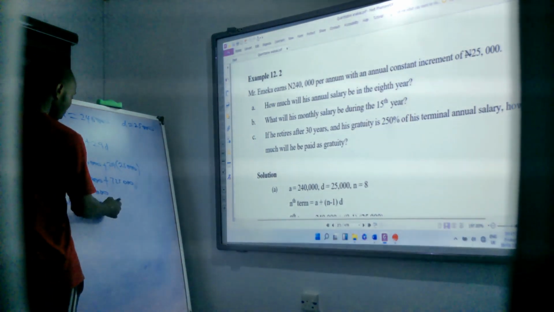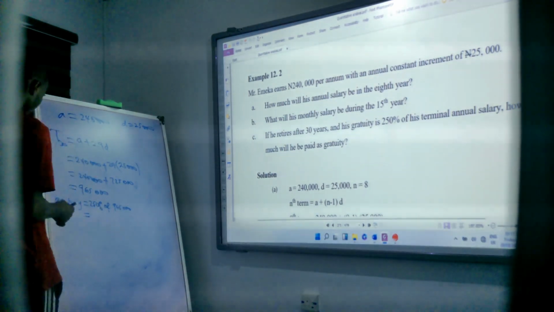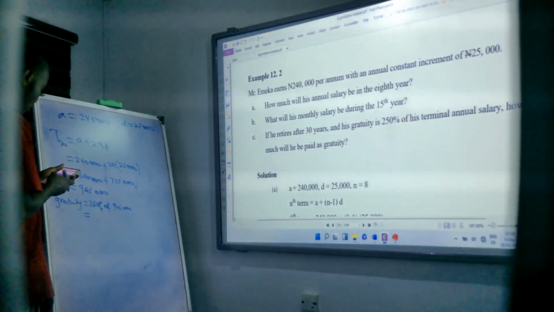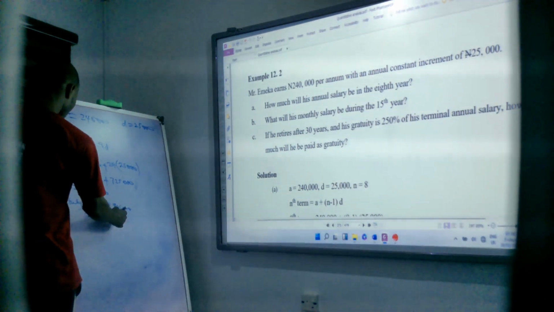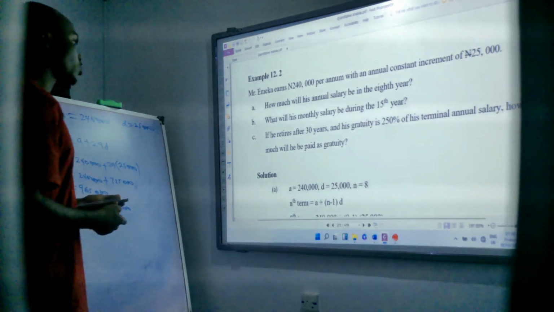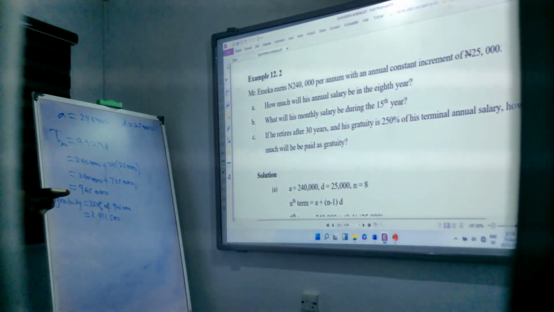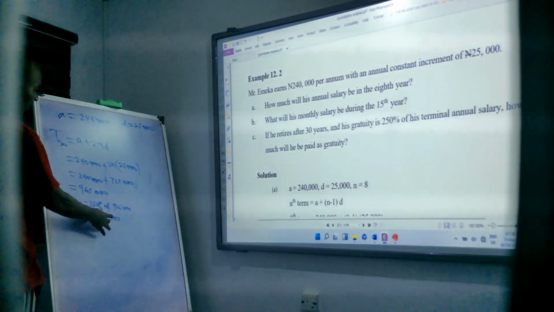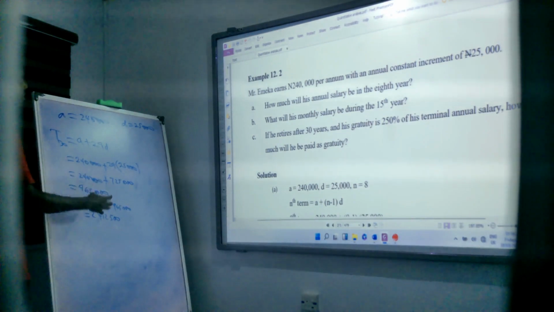His gratuity is now what? His gratuity is 250% of his pay of 965,000. And that will give us what? So that will give us 2,412,500. So this is his gratuity. 250% is 250 divided by 100 times 965,000, and that will give him that.